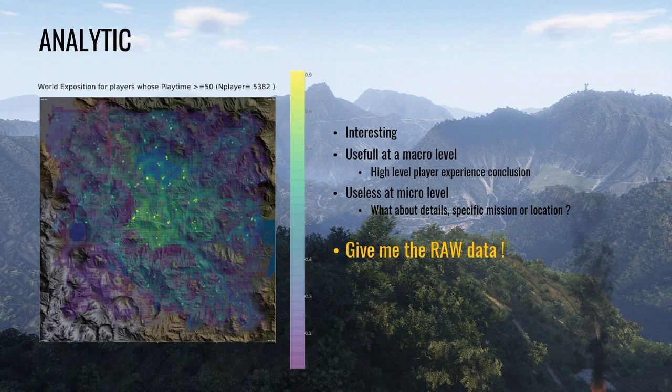Talking about analytics, one final example about what we did around the end of the project, just after we released the game. We had the department of analytics who gave us this texture, the heat map of where the players were going across the world. And there's no detail, it's 1 pixel per 200 meters or something like that.